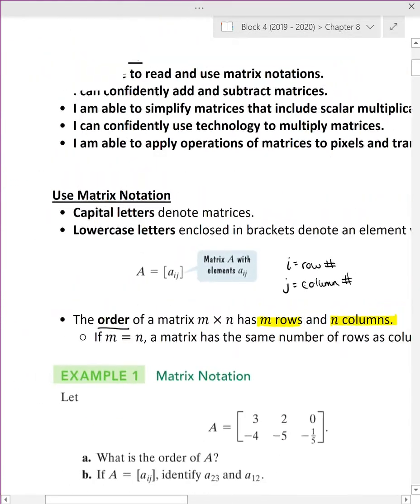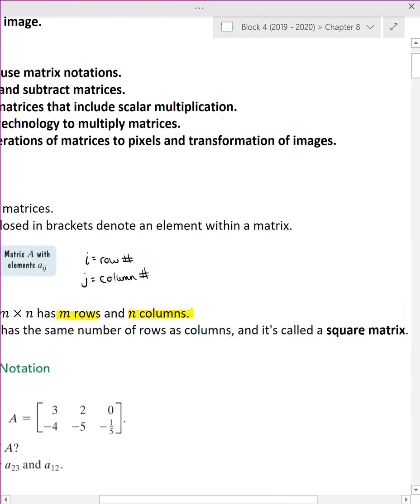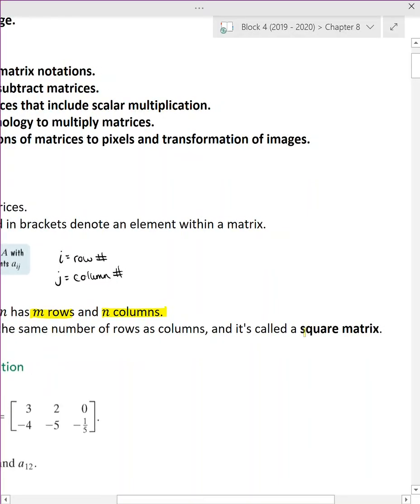Just a little fun fact, if you have the same number of rows as columns, like a 2x2 or a 3x3, it's called a square matrix, just because it has perfect dimensions. We're going to be using square matrices a lot in 8.4 when we're doing some coding kind of things, so just something to keep in mind.